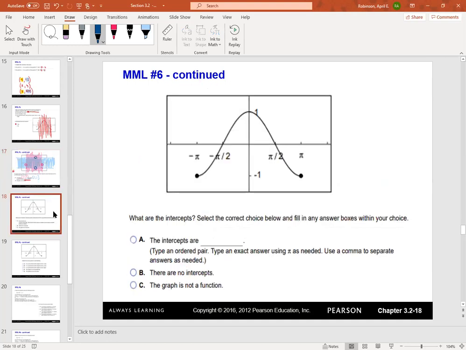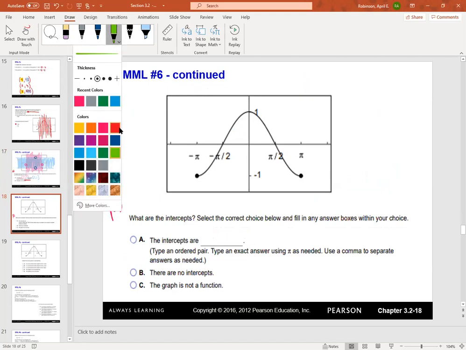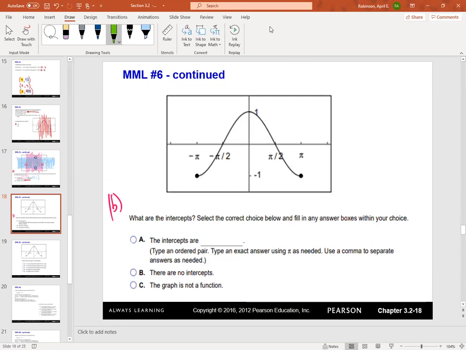All right, B. B says, what are the intercepts? Remember, it could be x or y intercepts, so look for them all. I usually start with my x because there's usually only one. Well, if it's a function, there should only be one y intercept.